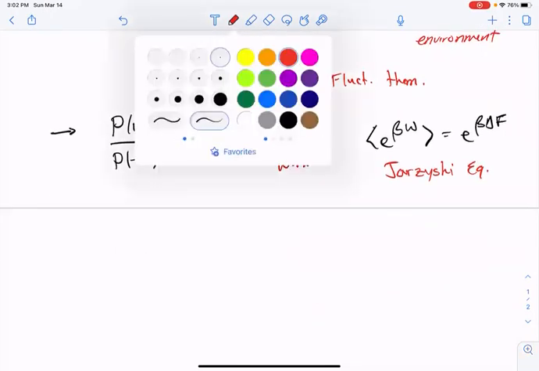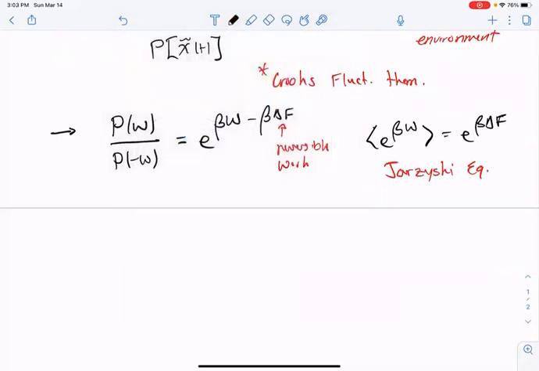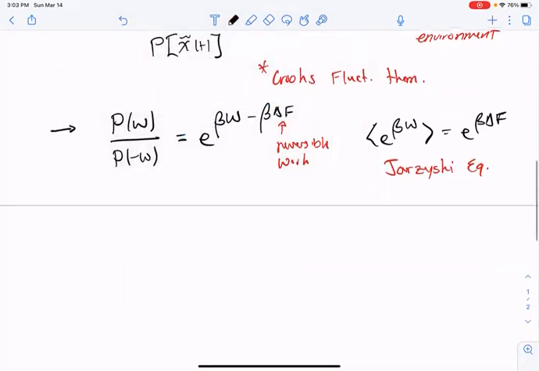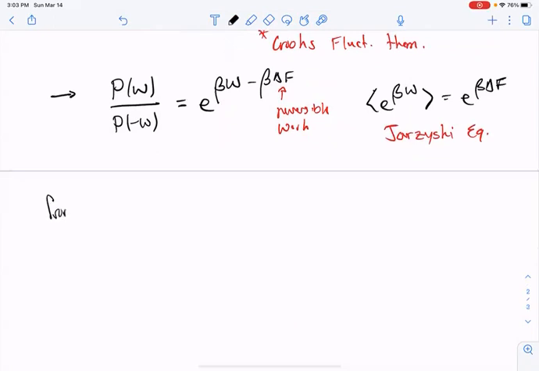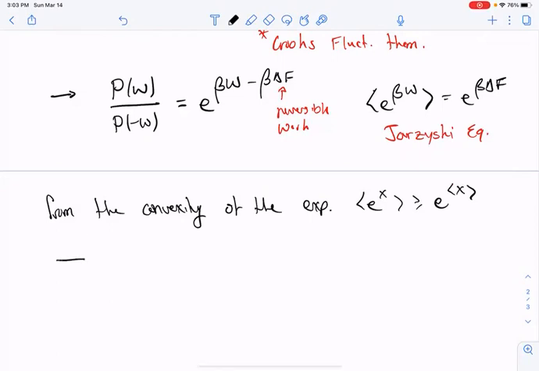Indeed, another Jensen's inequality, evoking the convexity of the exponential, means that if I average e to the x, that is always greater than or equal to e to the average of x, which implies that the average work is always, sorry, these should be minus signs, greater than or equal to the free energy difference.